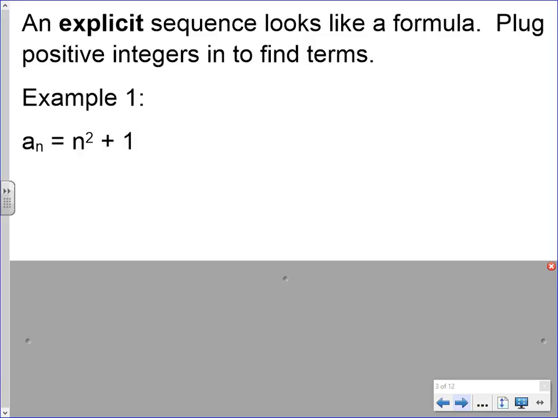So if I want the first term, do you see this is a subscript? We say it a sub n. So our first term we're going to write as a sub 1. And we're going to find our first term by merely plugging in 1 into our formula. So our first term is 2.